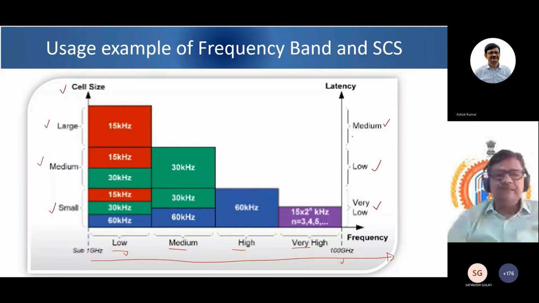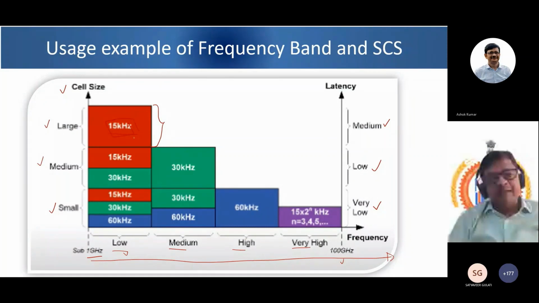How are they correlated? Suppose I have the 700 megahertz band, that is sub 1 gigahertz, and I want to create a large coverage. So I am using 15 kilohertz subcarrier spacing.